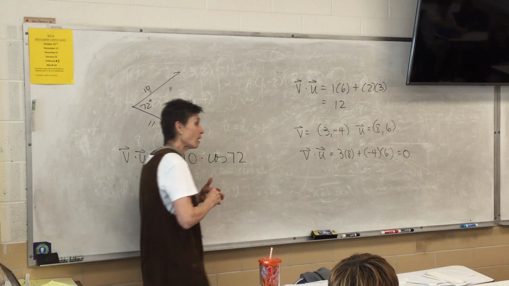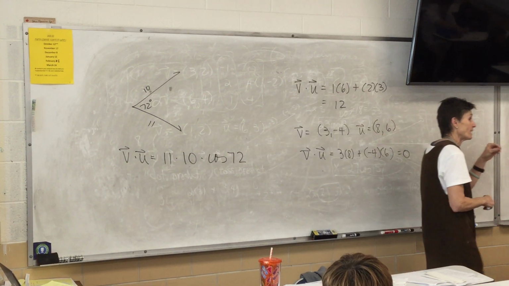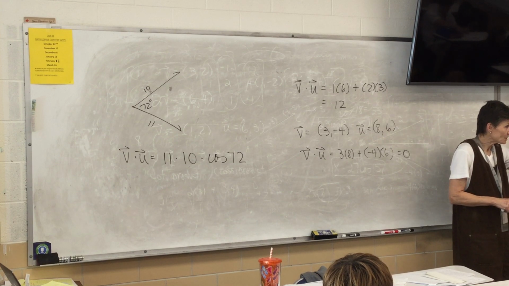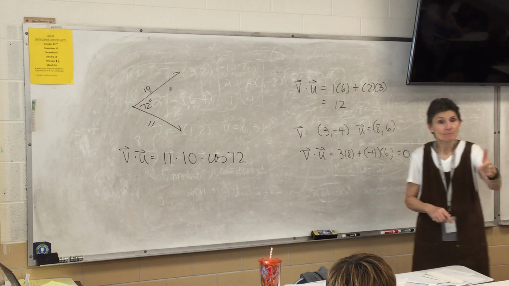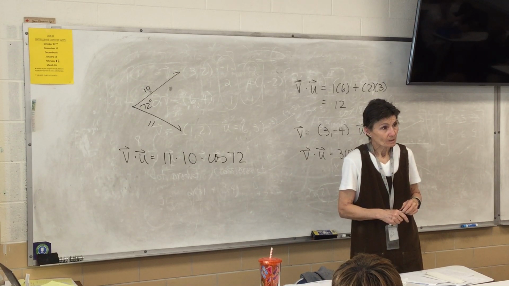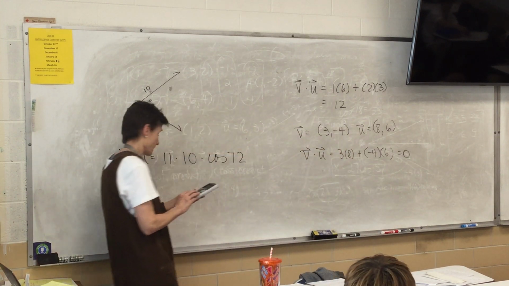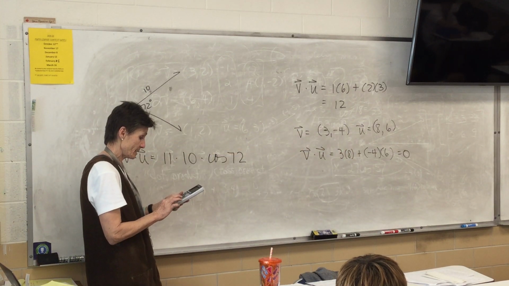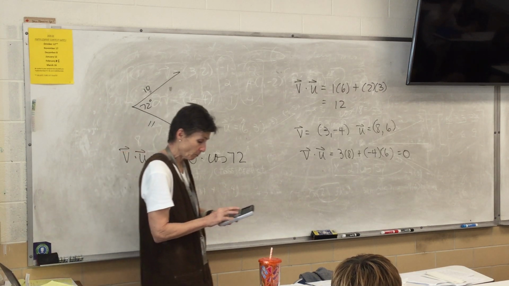So the dot product can be found a couple of different ways. And one of those ways is magnitude of first times magnitude of second times cosine of angle between them. Okay, so I can type that in on my calculator. 11 times 10 times cosine 72. I got 33.99.